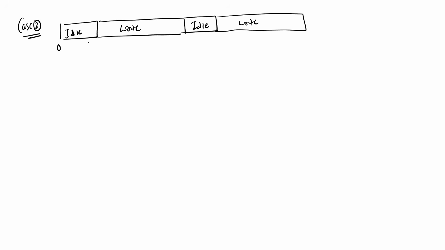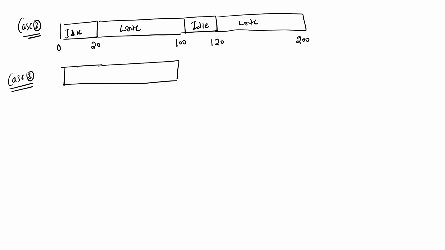Here 0 to 20 and 20 to 100, and 120 and 120 to 200. This is the second case. Is it fine? Yes, sir. Right now you're writing different possibilities that can be happening for write. Yes, in possibilities I am taking. Why? Because 20 is randomized.